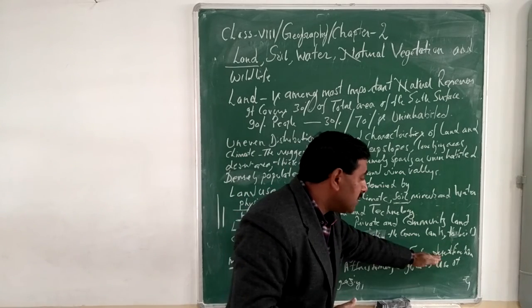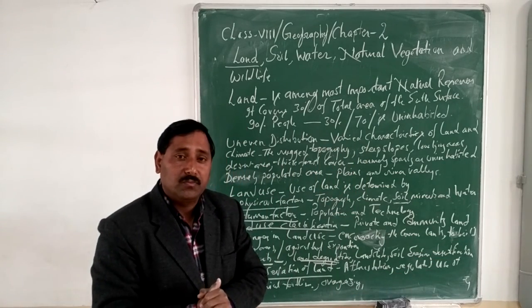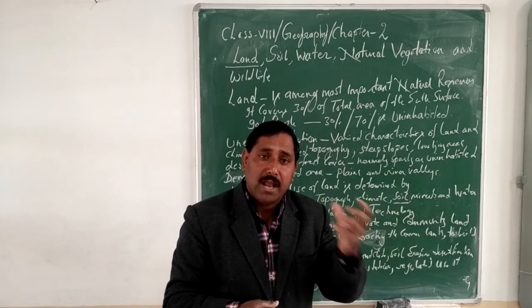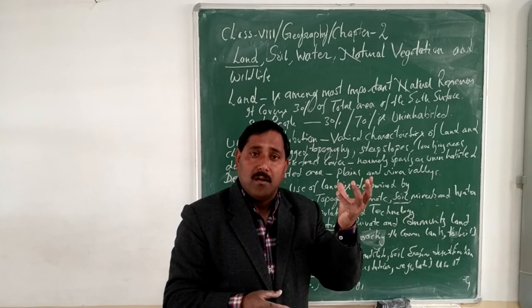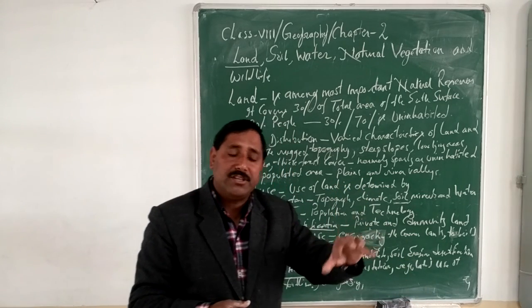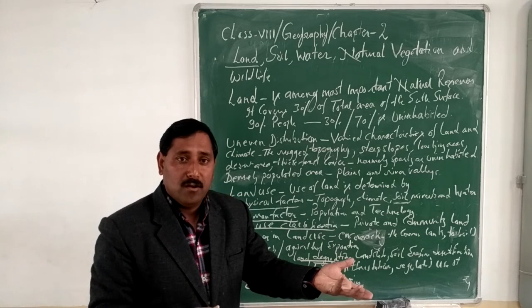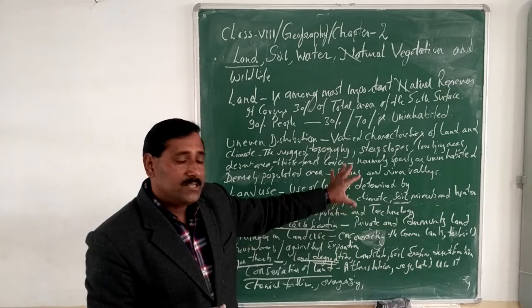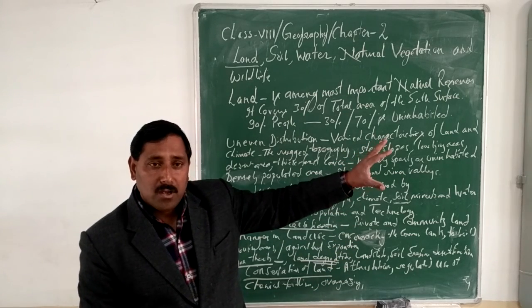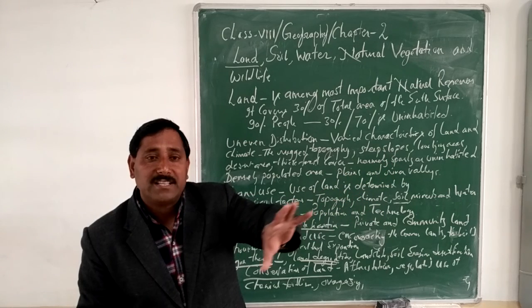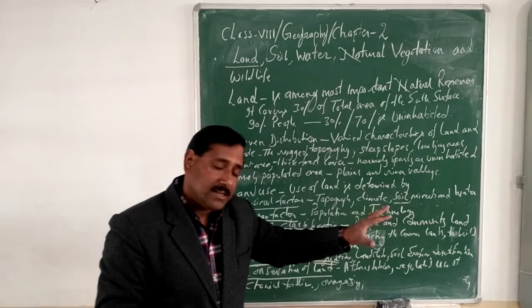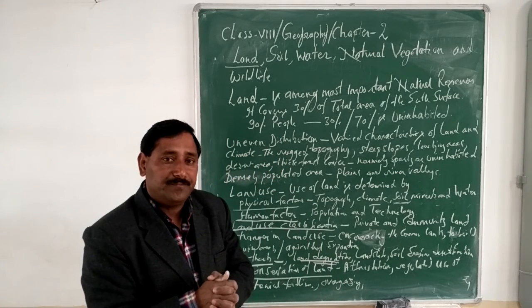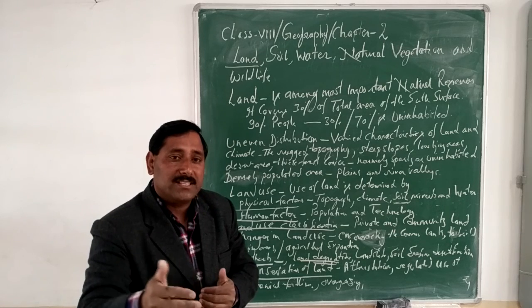Then desertification. When an important piece of land, due to various reasons, physical or human factors, loses its fertility, and the winds bring sand from the deserts and it is deposited on the cultivated area, that is known as desertification.